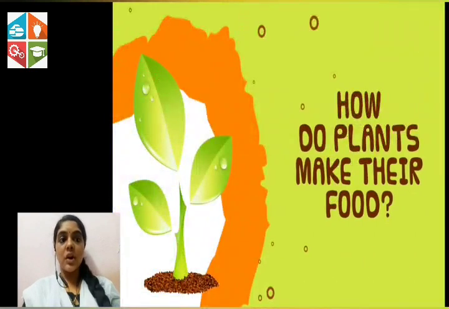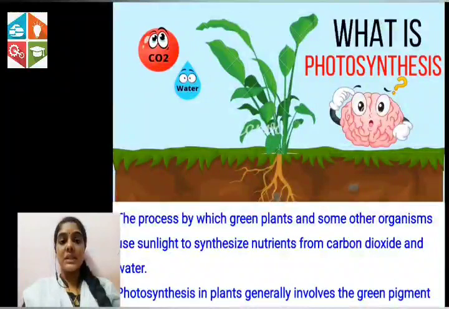How do plants make their own food? So plants make their own food via the process called photosynthesis. So what is photosynthesis? Photosynthesis is a process by which plants prepare their own food by using sunlight to synthesize nutrition, that is glucose.